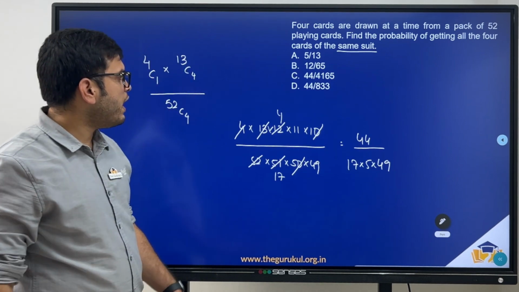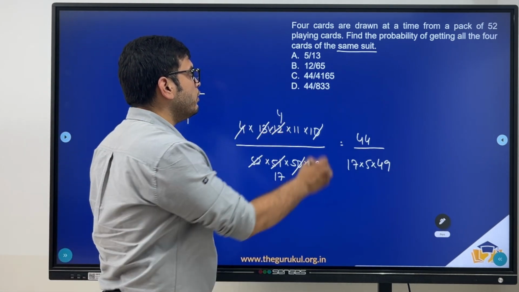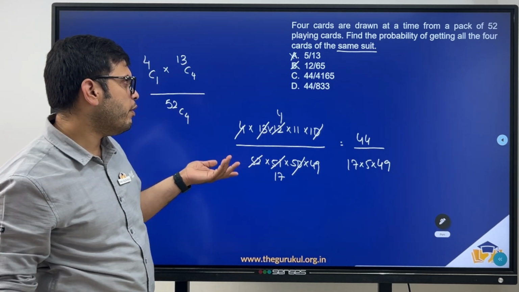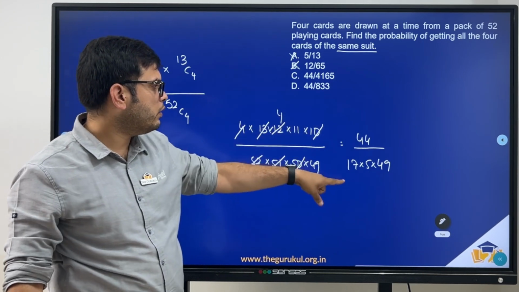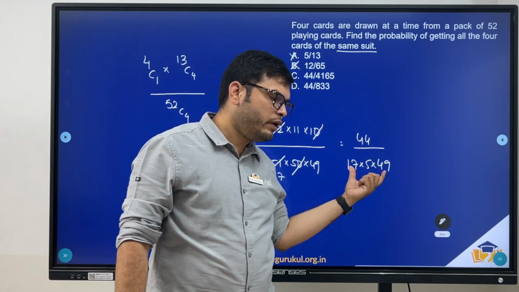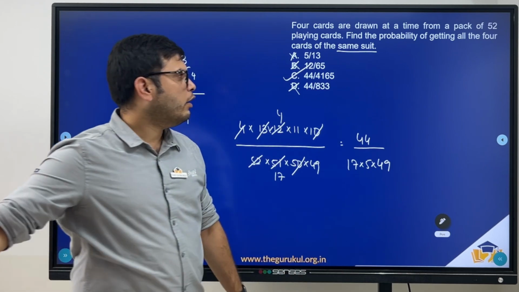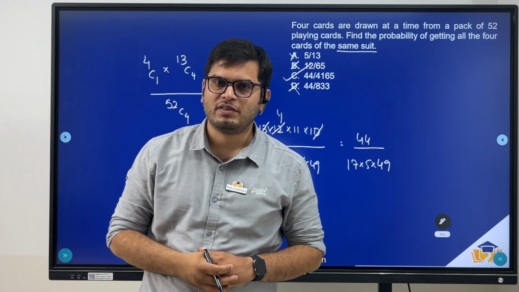So we should have 44 in the numerator, so I can eliminate these. So the answer should be either 44 by 4165 or 44 by 833. Now the units digit in the denominator should be 5. So option D can be eliminated and option C should be the answer to this question.